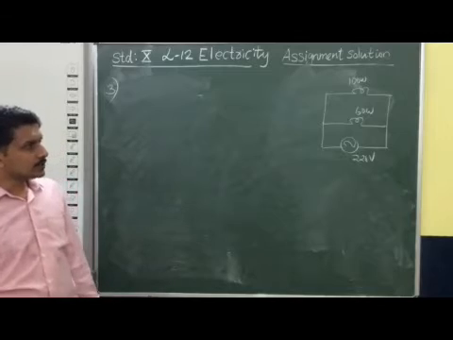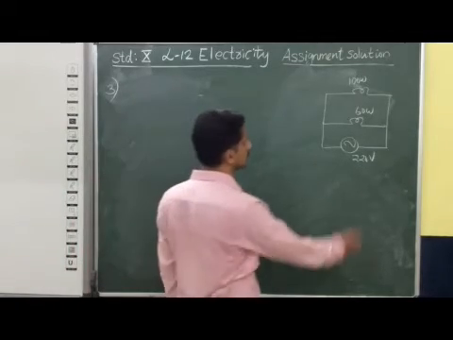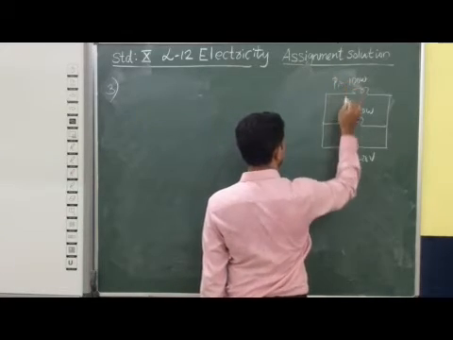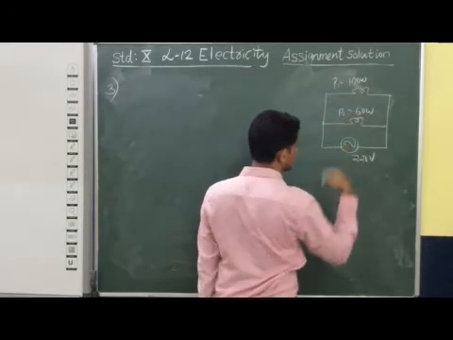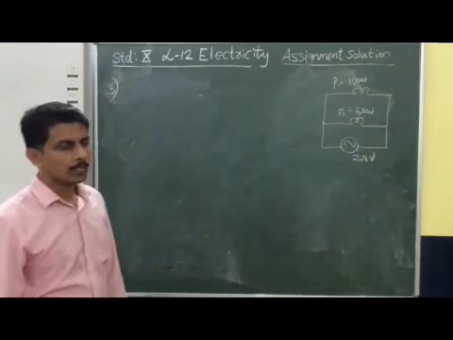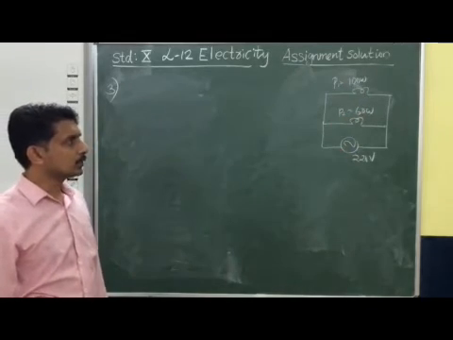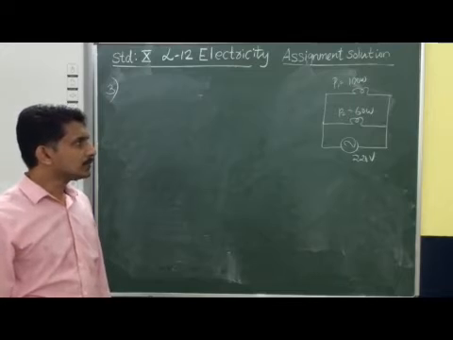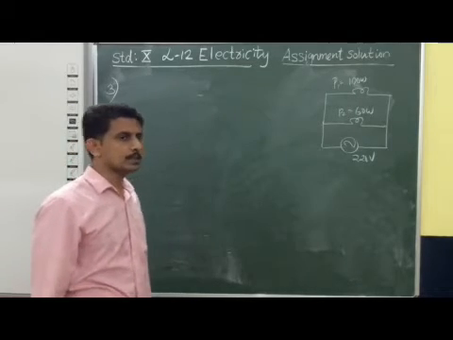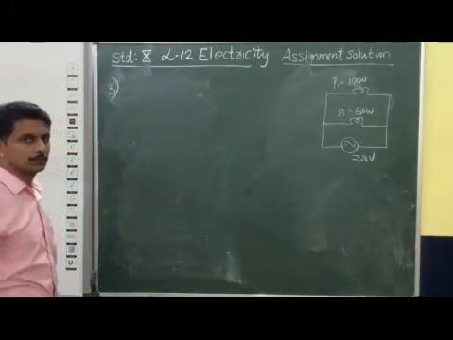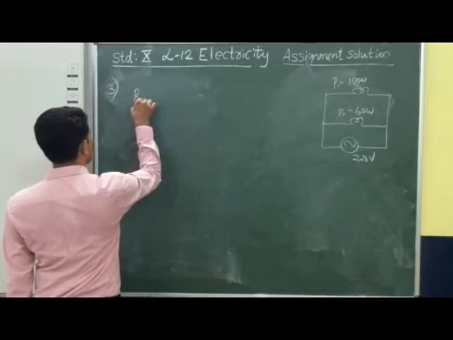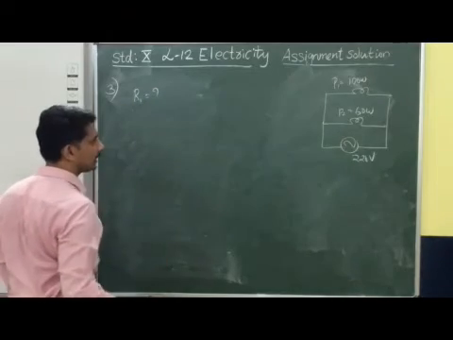In that case, first we have to calculate the total resistance. Power is given in both cases, P1 and P2, and they are connected to a 220 volt source. We have to calculate the total current consumed by these two bulbs. For that, we have to calculate the total resistance of this combination of bulbs. First we can calculate R1.